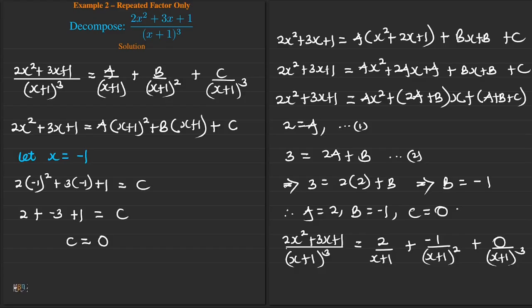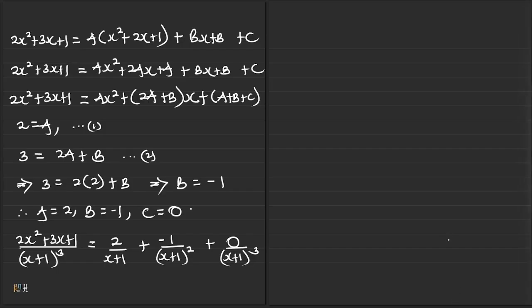If we then want to rewrite this, then we would simply have our fraction, which would be equal to the 2 over x plus 1, then because of the negative, it comes right here.